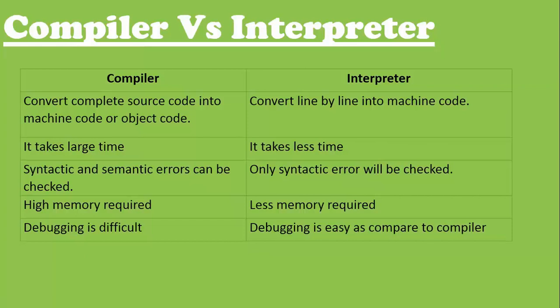But apart from it, there are also some reasons that make compilers slow. But first, understand what syntactic and semantic errors are. Let's take an example of syntactic errors. Those are related to the syntax of the programming language, meaning the compiler does not understand the syntax of the source code.